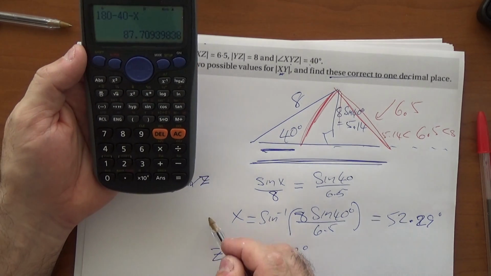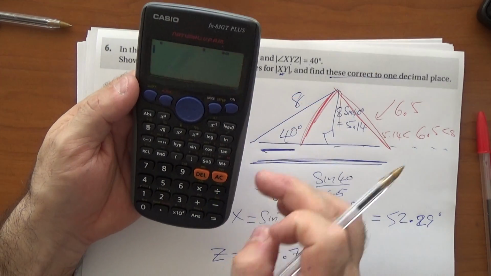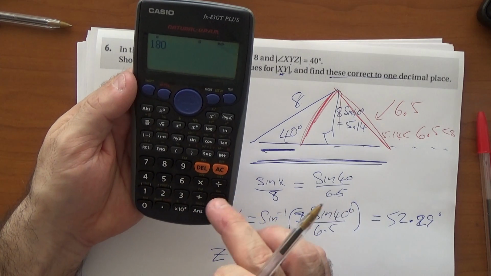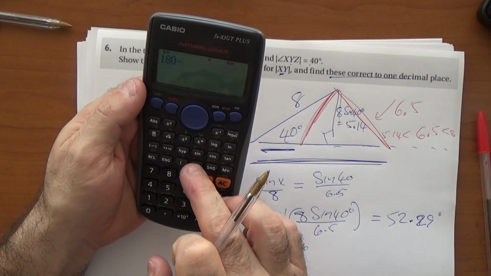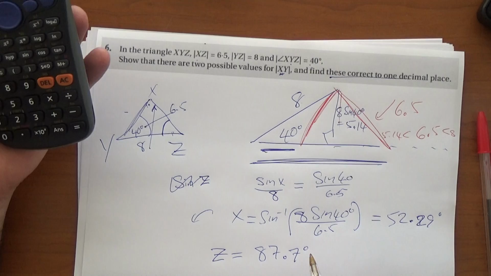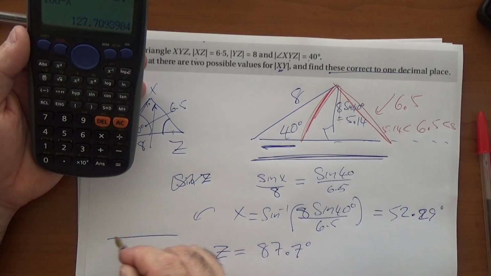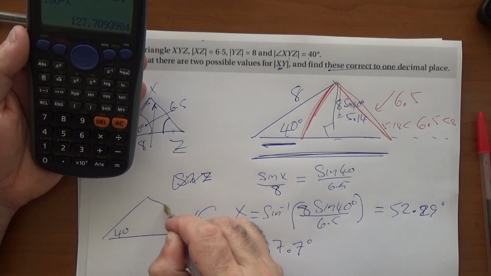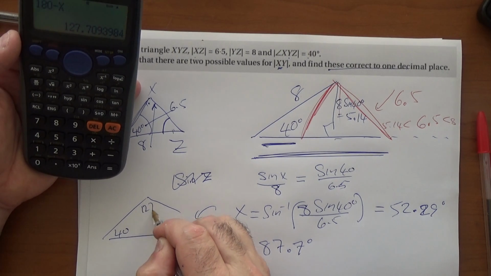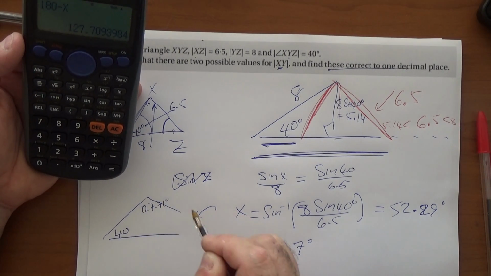But let's step back for x. Remember, x might have been able to be worth 180 minus x. The other thing that could have happened is this could have been 40, and this could have been 127.71 degrees.